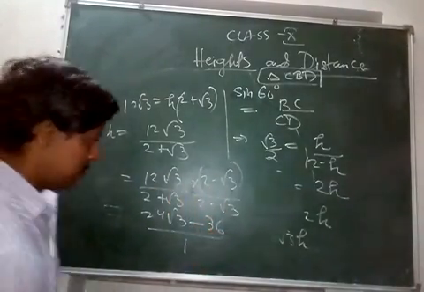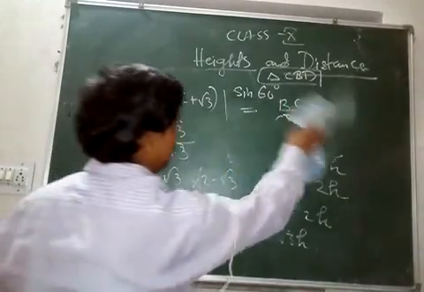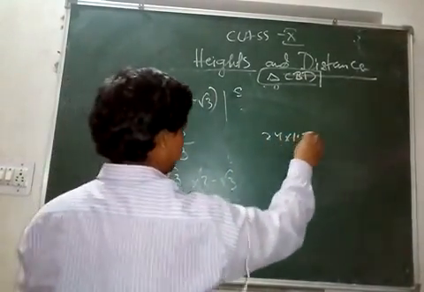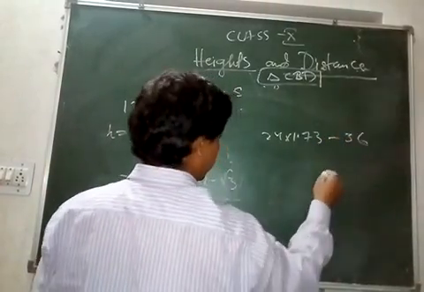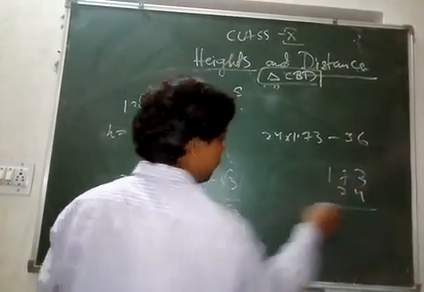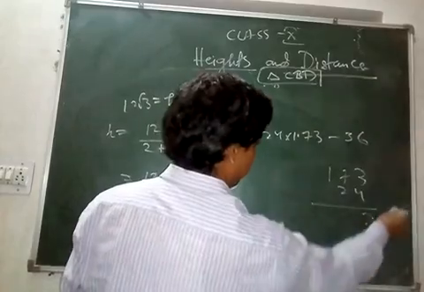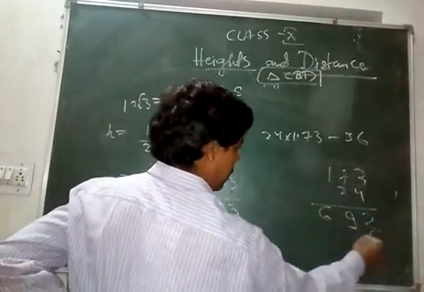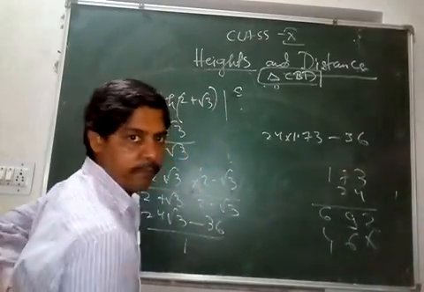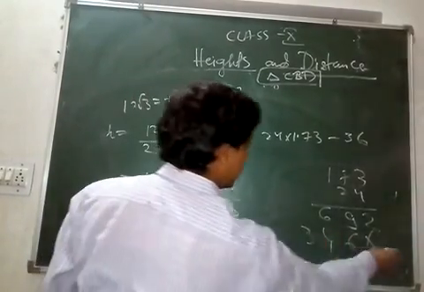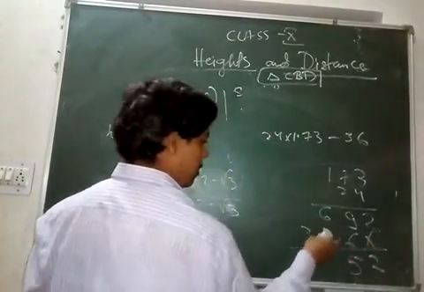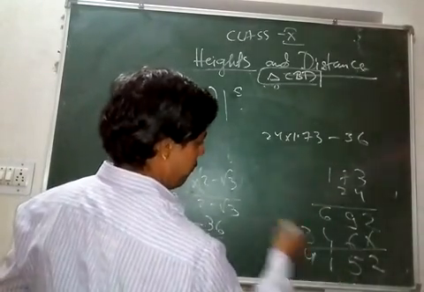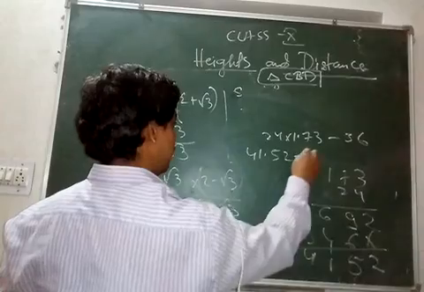Okay. So just solve this much. You have to put the value of root 3 also here. So you get 24 into 1.73 minus 36. Something like 173 multiplied by 24. You get something like 41.52 minus 36.